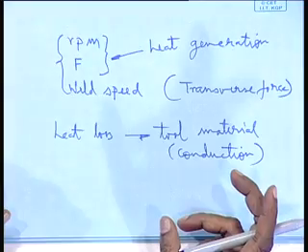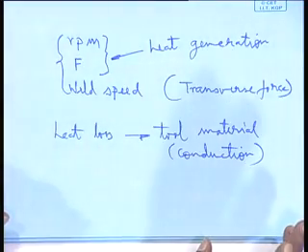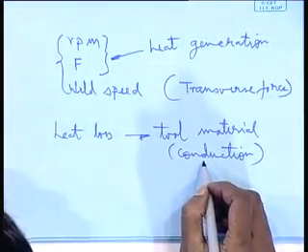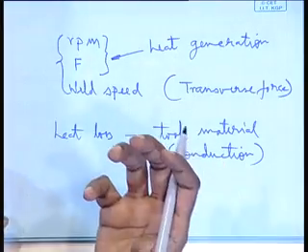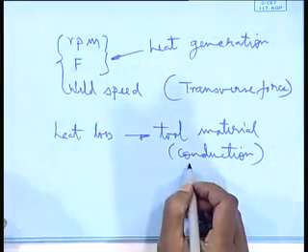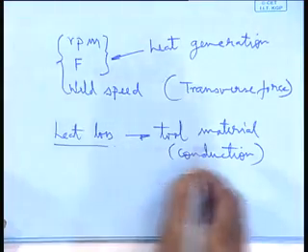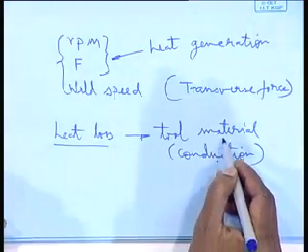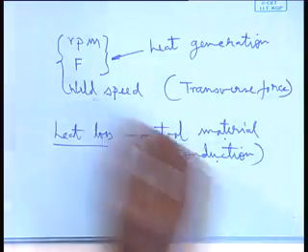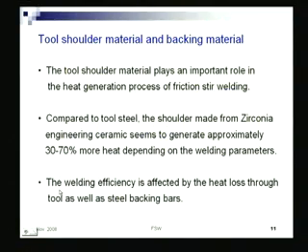Radiation loss, as you know, is proportional to T to the power 4. And the primary heat that is generated is covered by the shoulder material. So, total heat loss would be by conduction through the tool material. So, that is how the tool material plays an important role in the process.